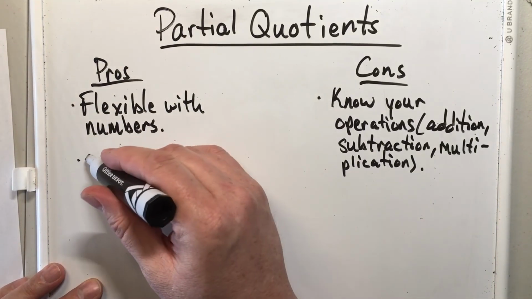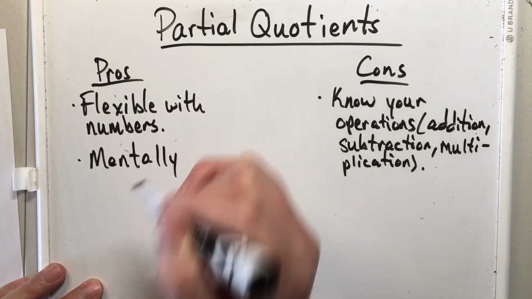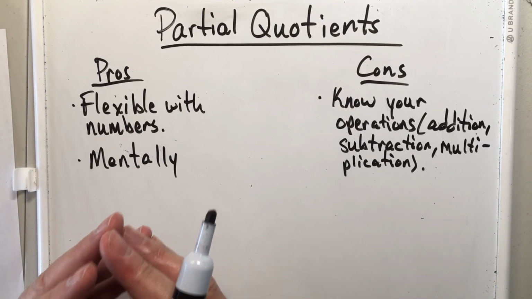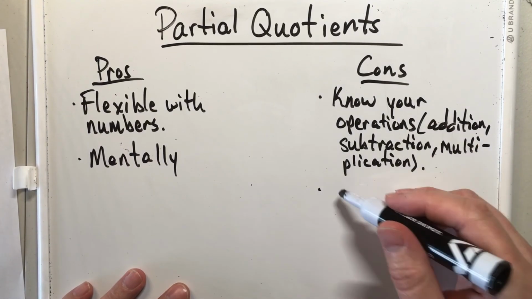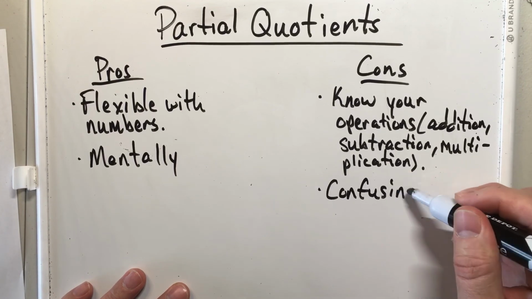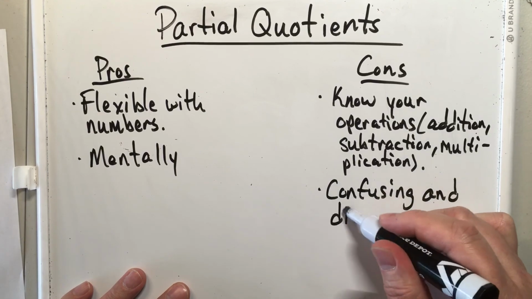Pros here are that you can do it mentally. And believe me when I tell you you can. I can do it mentally. The higher the numbers get, the more difficult it is, without a doubt. But it is possible. The cons are it can be confusing and difficult for beginners.